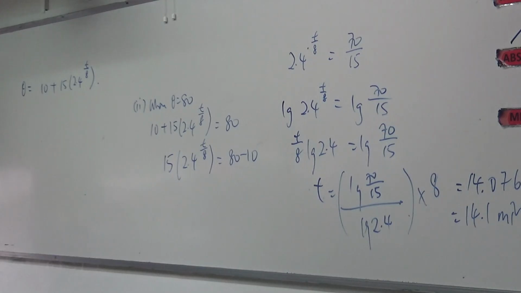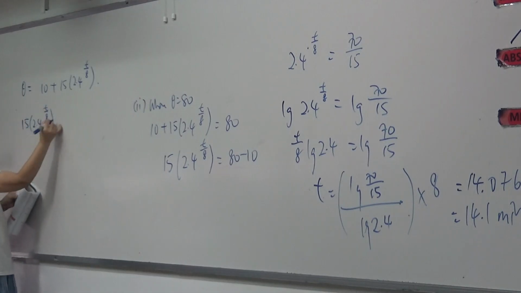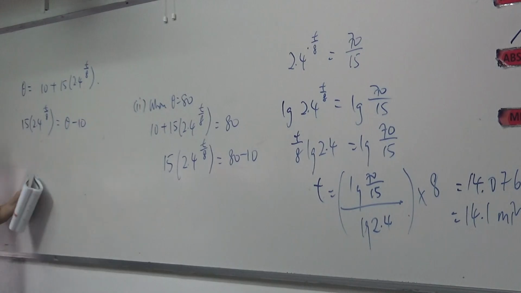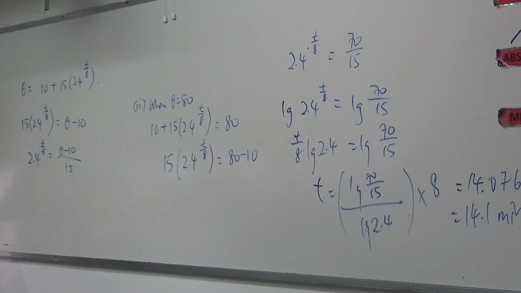Now, we know that theta is 10 plus 50 times 2.4 to the power of t over 8. Do you agree that 50 times 2.4 to the power of t over 8 is theta minus 10? Everybody agree, right? So 2.4 to the power of t over 8 will be theta minus 10 over 50, right?